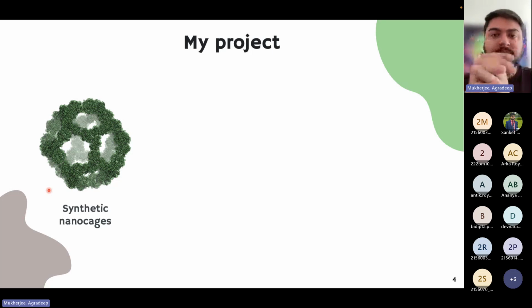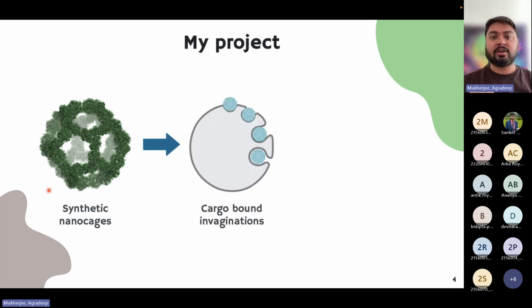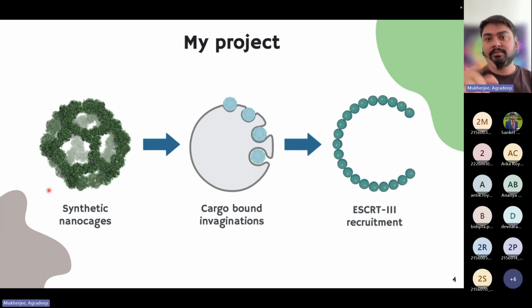These are essentially protein nanocages that form a 60-mer, is it dodecahedron or icosahedron? I think it's dodecahedron. So they form these dodecahedral structures and act as synthetic cargo, and when they attach to the membrane, they are theorized to form these invaginations, where later these ESCRTs can be recruited to those regions, and we will study it using cryotomography.